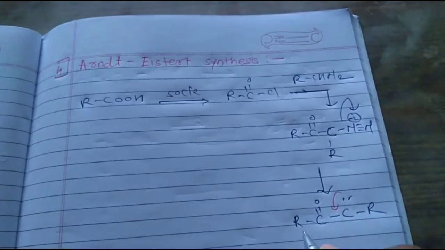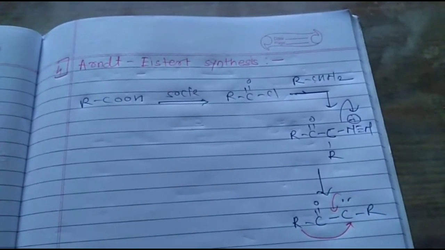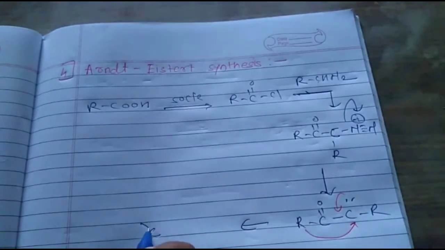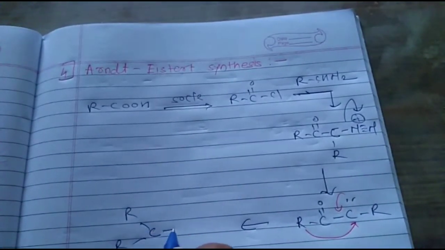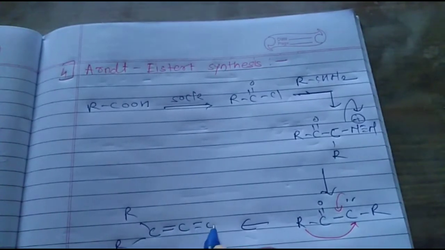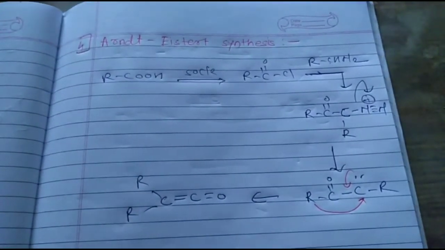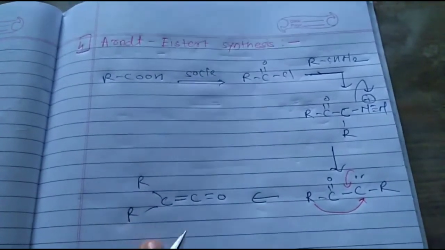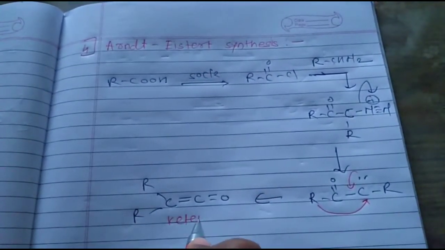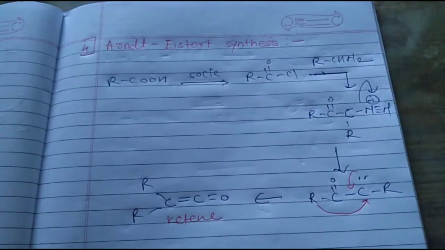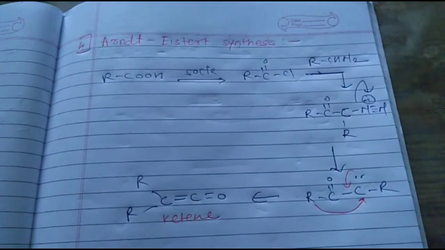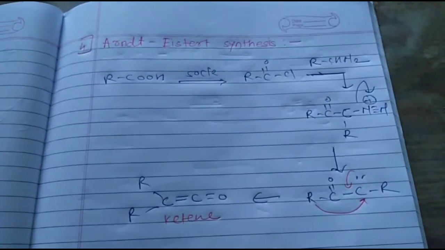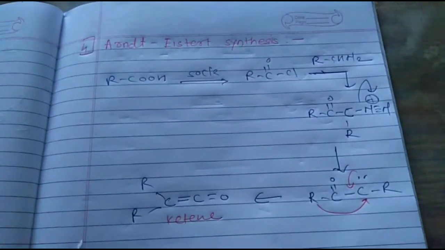This is rearranged in this manner, and there is a formation of the ketene, C R R double bond C double bond O. Then what is the use of this Wolff rearrangement? This ketene is useful for the formation of the more substituted acid.